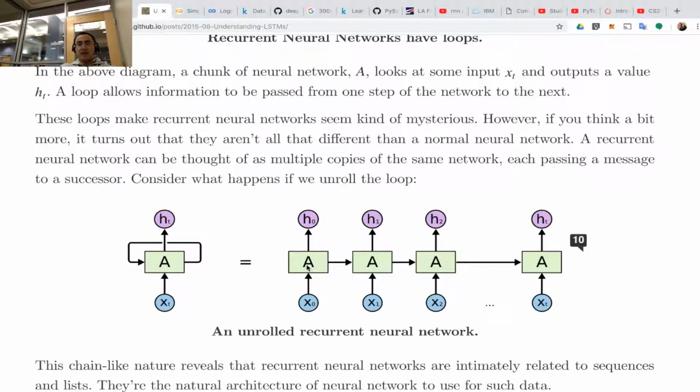So x0 at time 0, you can think of it as, let's say, 10 years ago when we were still younger. You have an interaction with somebody, right? And then you process that interaction in your own brain, right? Your brain has a function there, and then it spits out an output, right? And then based on that output too, you put it into your brain, right? That model, because you are learning, right?